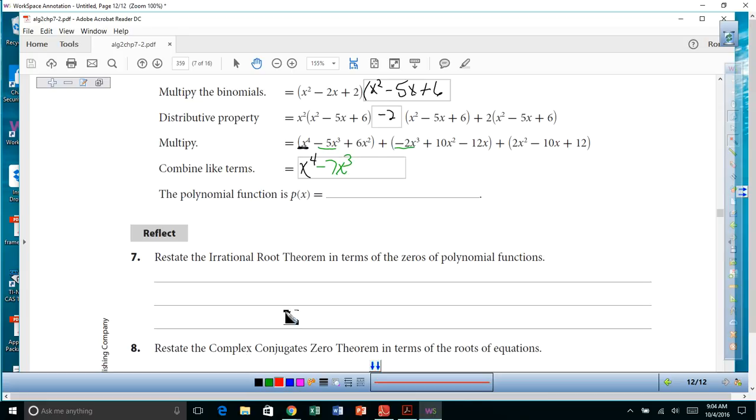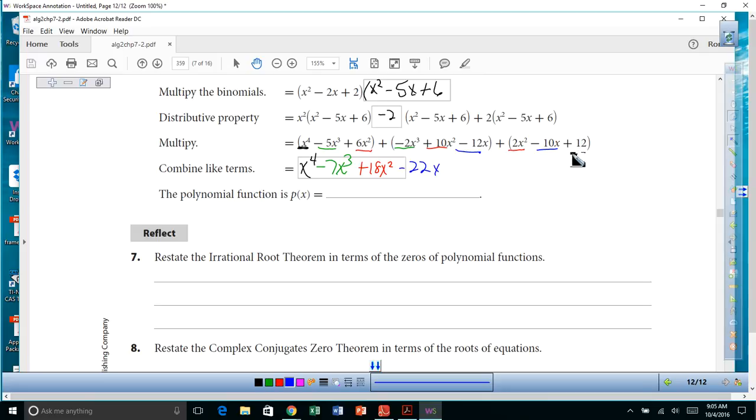And now we have 6x squared plus 10x squared plus 2x squared. 6 and 10, that's going to give you 18x squared. And moving right along, we go to minus 12x minus 10x. That's going to give you minus 22x.